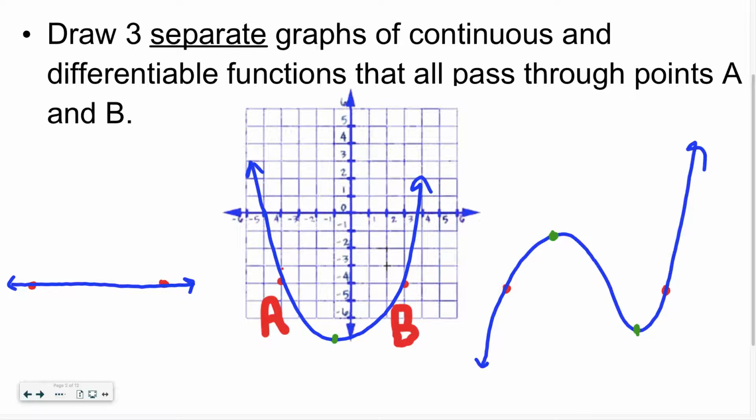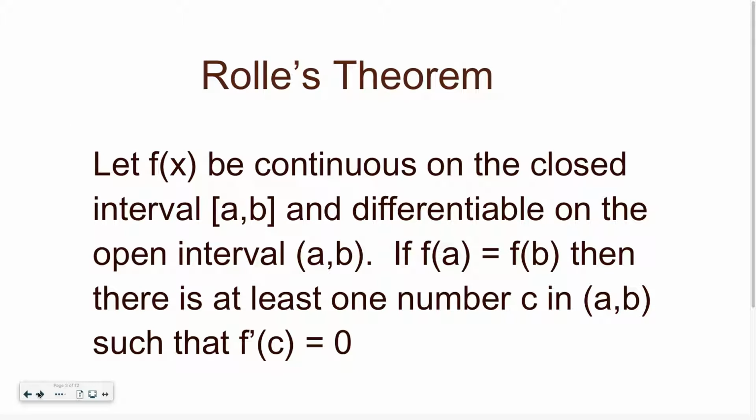Our 2 x values have the same y value. So no matter what we draw in between those 2 points, as long as it's continuous and differentiable, you will at one time or more have a moment where the derivative is 0. That is what Rolle discovered.